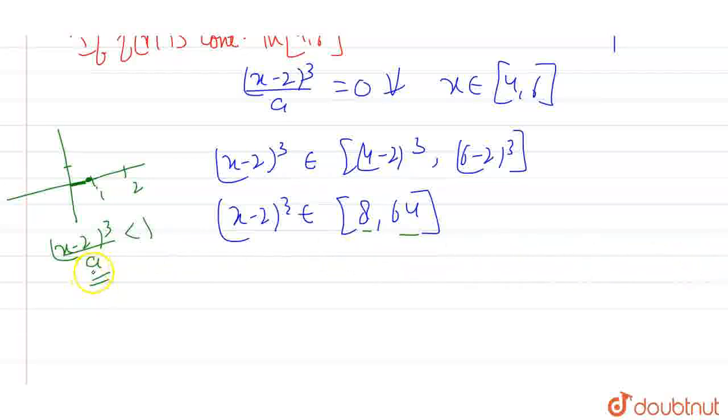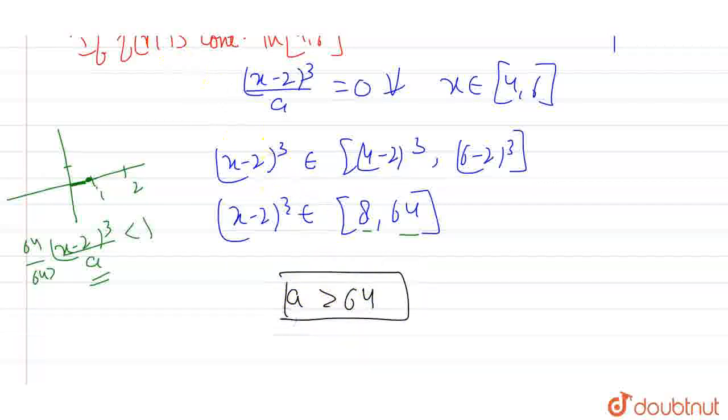If a is greater than 64, then the whole value will be less than 1, and only then will this satisfy the condition of the greatest integer being 0. So the value of a should be greater than 64, after observing all these situations. Our answer is a greater than 64, not equal to, it should be strictly greater than 64.